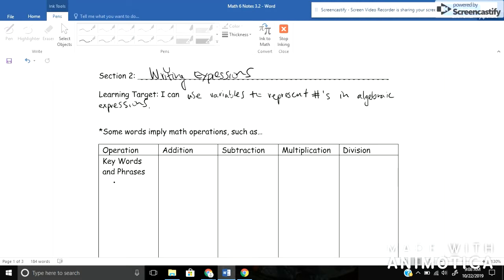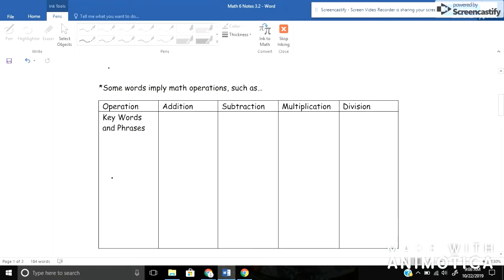Okay, so let's just fill out this graphic organizer here. It's going to be helpful for you to look back at when you're going through some of these word problems.